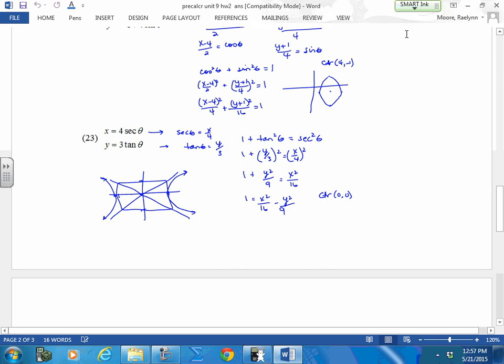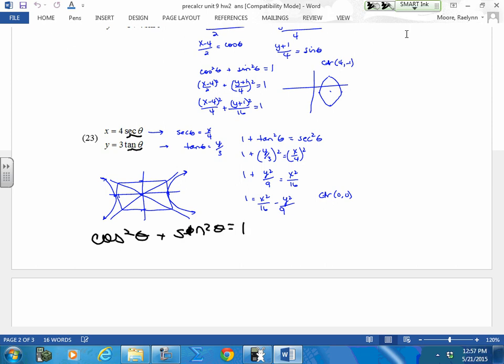Okay, so now, in order to do this, guys, we're going to, again, solve for your parameter. Solve in terms of secant, solve in terms of tangent. Your Pythagorean identity formula, if we take this and we want to make a tangent, we have to divide this by cosine squared.